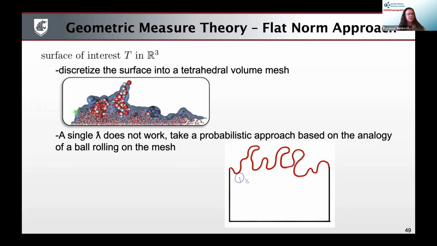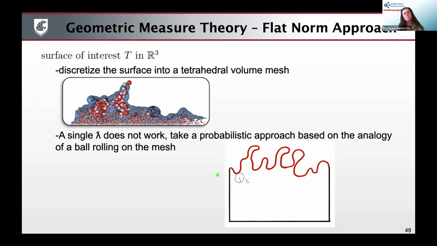Another way to conceptually think about lambda is that you're rolling a ball underneath the surface, and the ball has a radius of 1 over lambda. As I roll the ball underneath the surface, the volume that I rolled off is the volume I'm taking off from my interface.